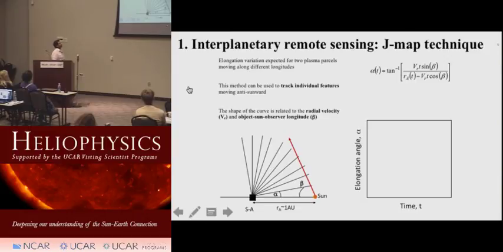The reason is because of its trajectory. It might be moving at a constant speed, but the time it takes to go through a certain number of pixels on your camera changes because of its elongation angle.